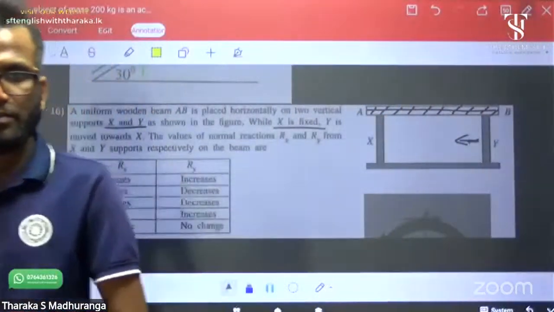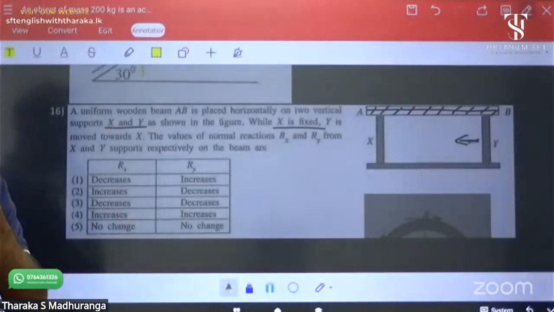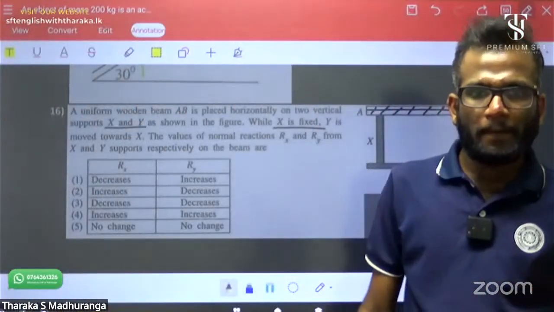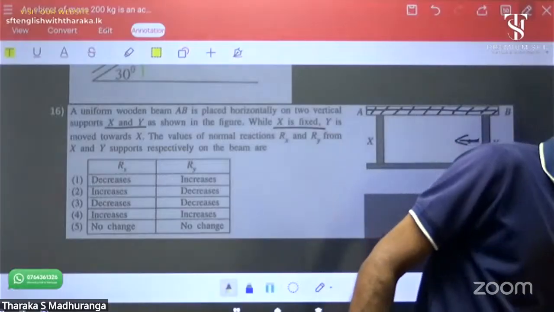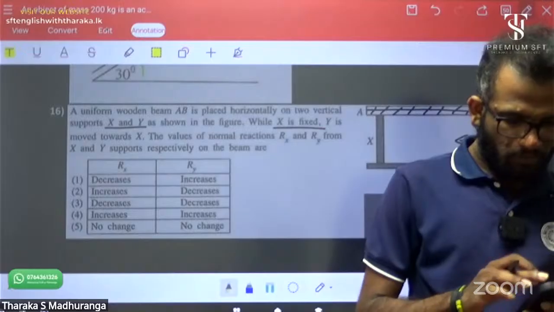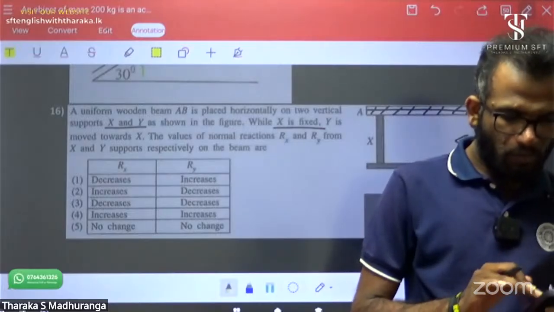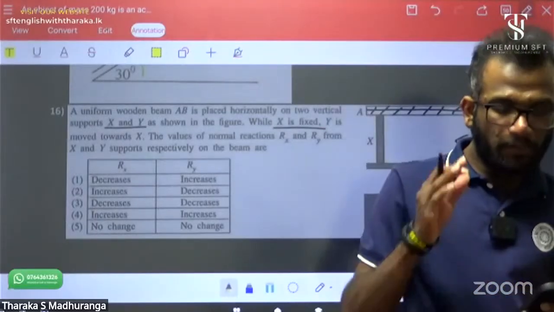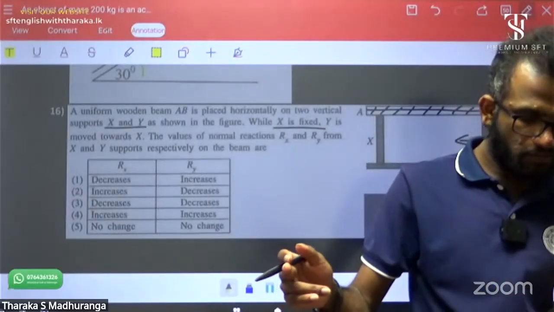Another name? Dehini? Normal reaction, that's capital R. What is this?